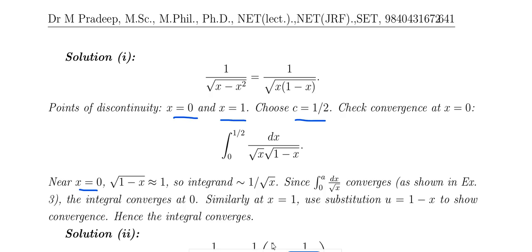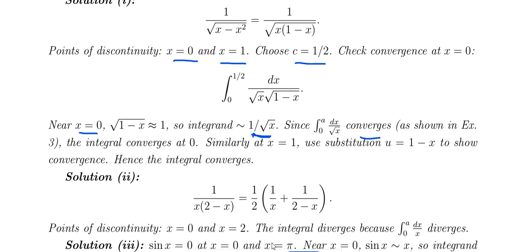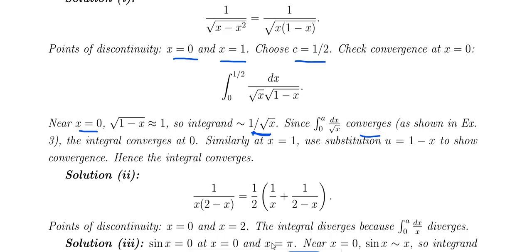So the integrand is 1 by root x, and the integral 0 to a dx by root x converges, from the previous example. The 1 minus x factor converges approximately to the value at the point 0, which is 1. So the integral converges at x equal to 0. Since we have already proved that the integral from 0 to something of dx by root x converges.